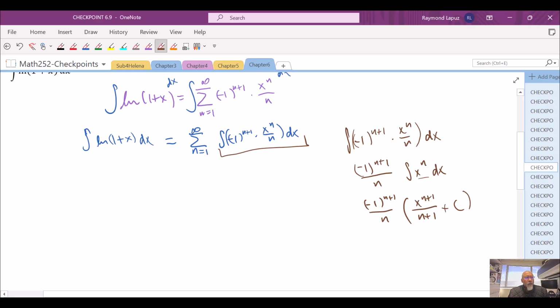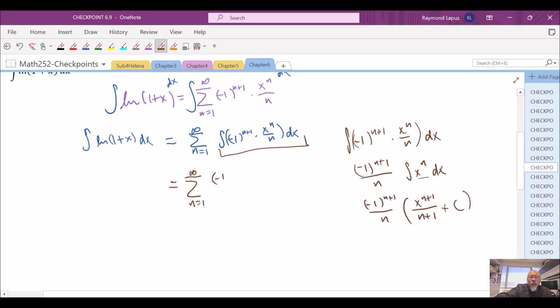So I think we have our information. Let's go ahead and combine. Let's not worry about the plus c. So it's still going to be an alternating series. This is going to be the series n goes from 1 to infinity of, and I think we're going to worry a little bit about this starting point 1, but we'll deal with that in a minute.